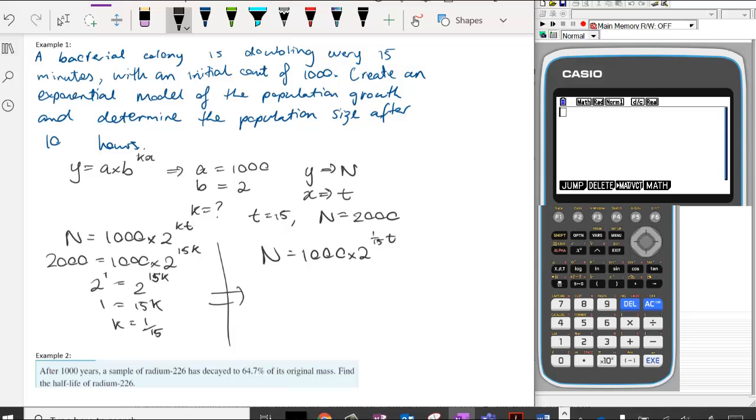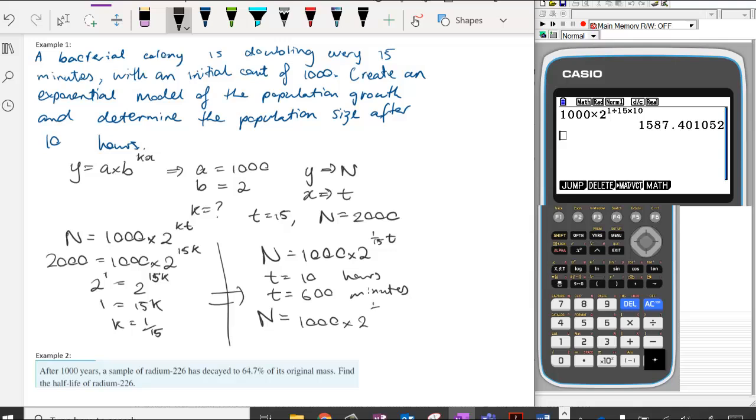Now all we need to do is put in our time. T is equal to 10 hours, which means we're looking at 600 minutes. So n will be equal to 1,000 multiplied by 2 to the power of 1 on 15 times 600.